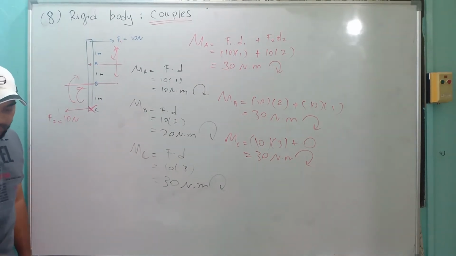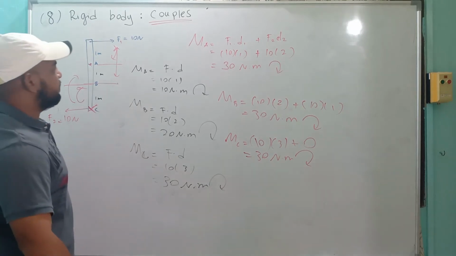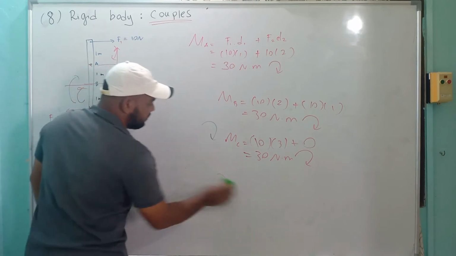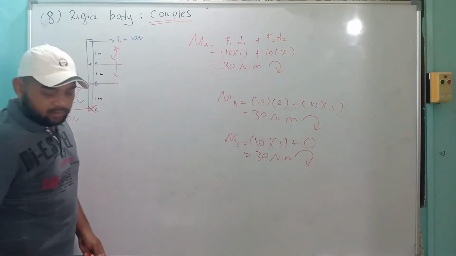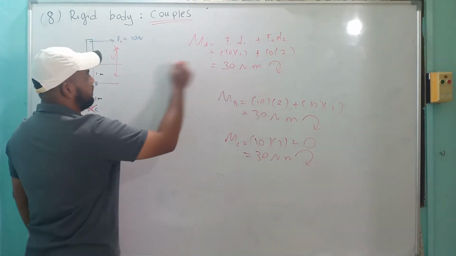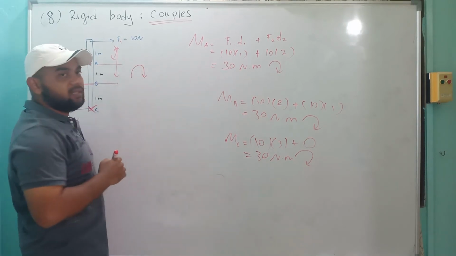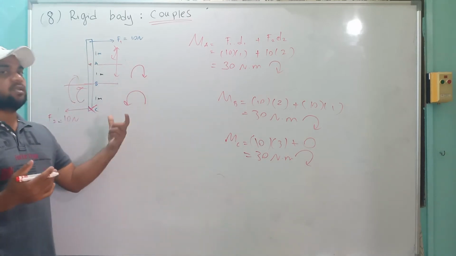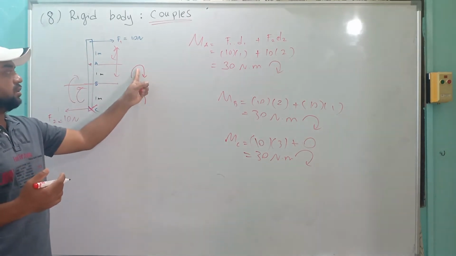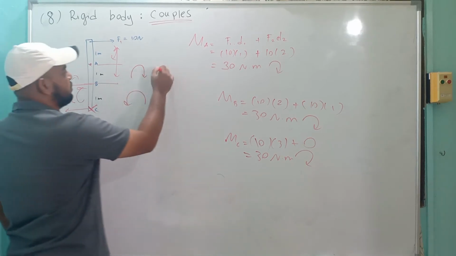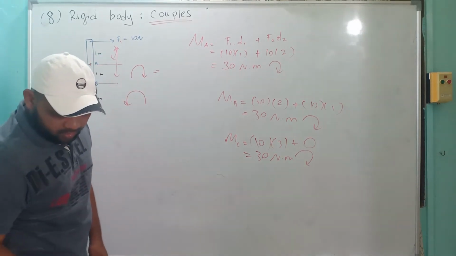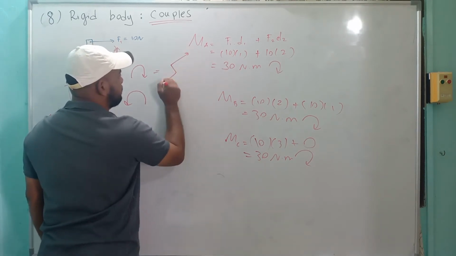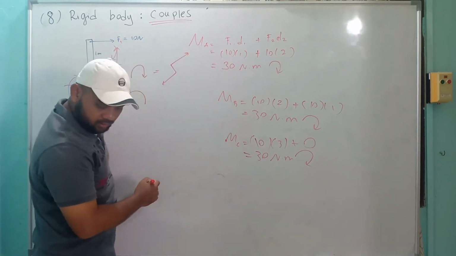The couple itself can be represented like this one or this one, the same as in moment. It is the moment created by this couple, clockwise or anti-clockwise.